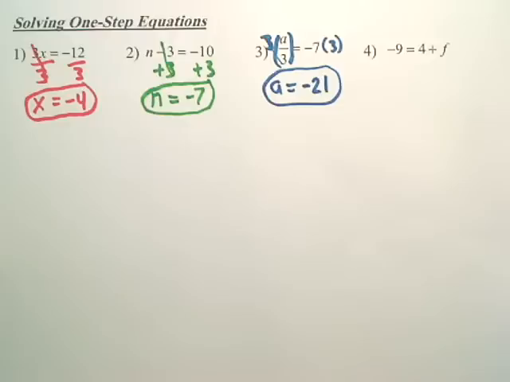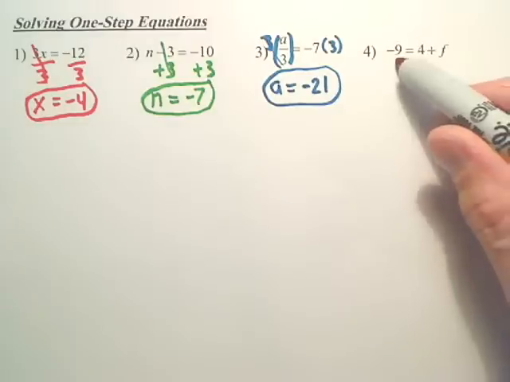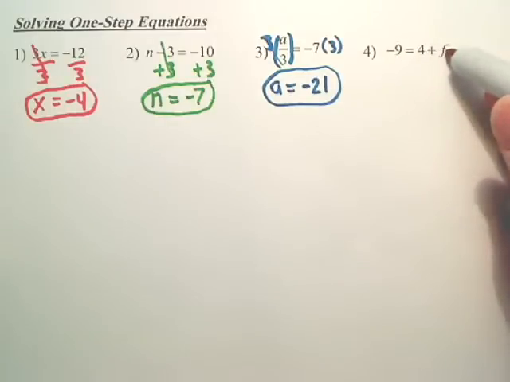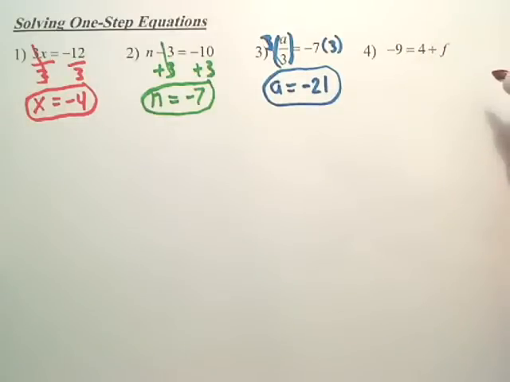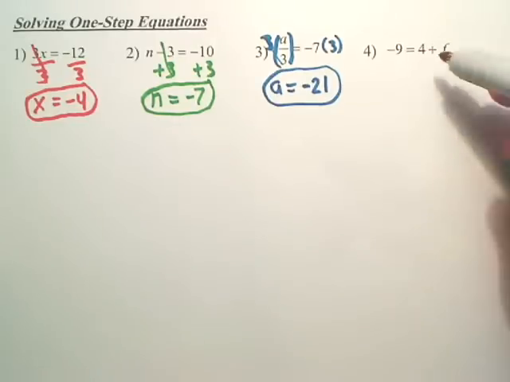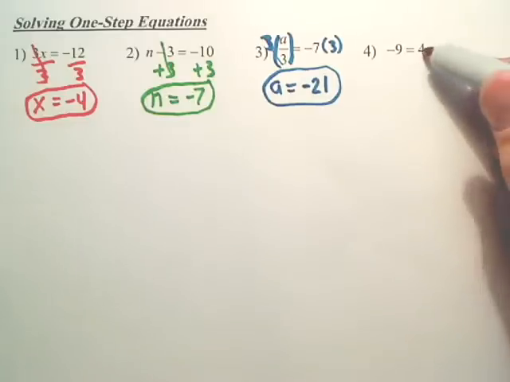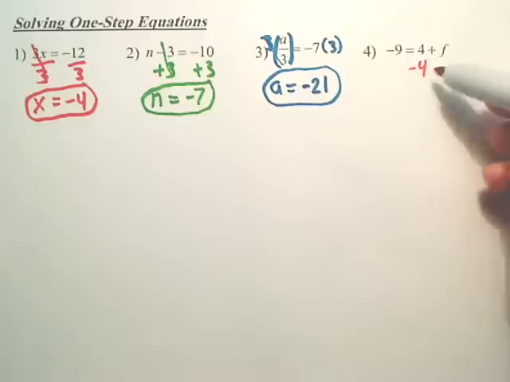And the last one, I want to get f by itself. Or basically, negative 9 equals 4 plus what? Again, that might be too hard for some people to see. So basically, I want to get f by itself. How do you get rid of that 4? How is it connected? It's 4 plus f. So if I want to get rid of the 4, don't you minus it?